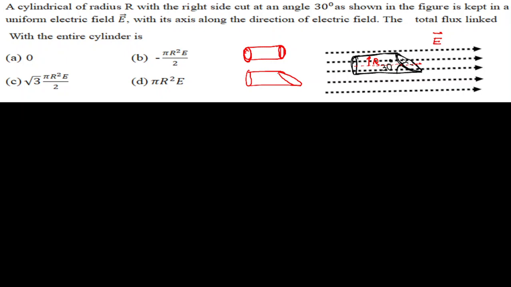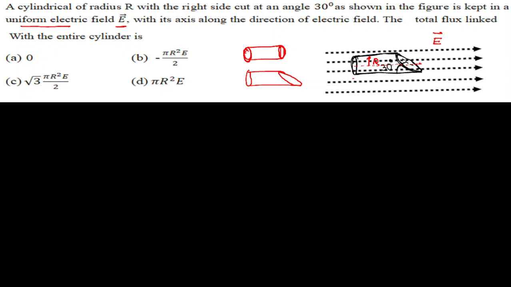Now what has been asked: if we place this cylinder in this uniform electric field, what will be the total flux? It is a uniform electric field, and this is a closed surface. It encloses some volume, so it is a closed surface.